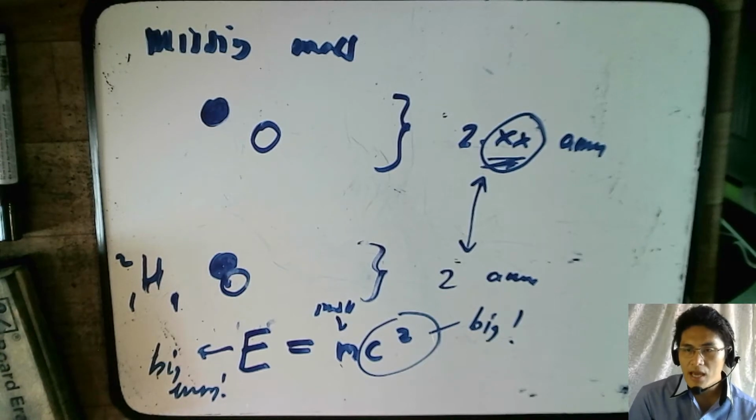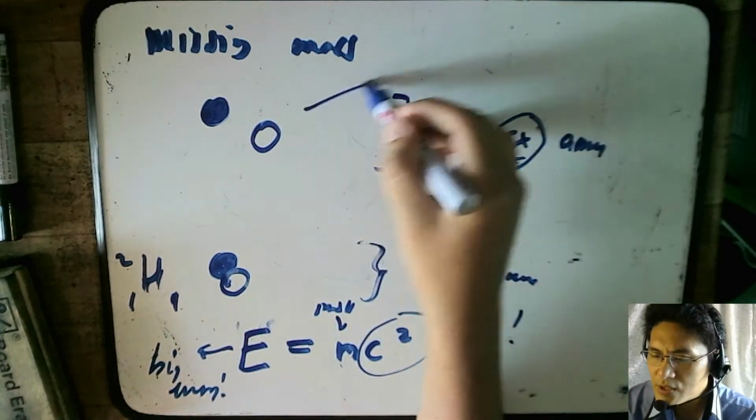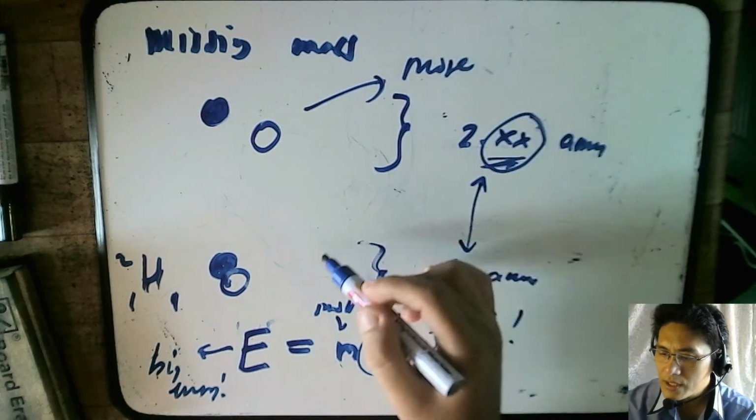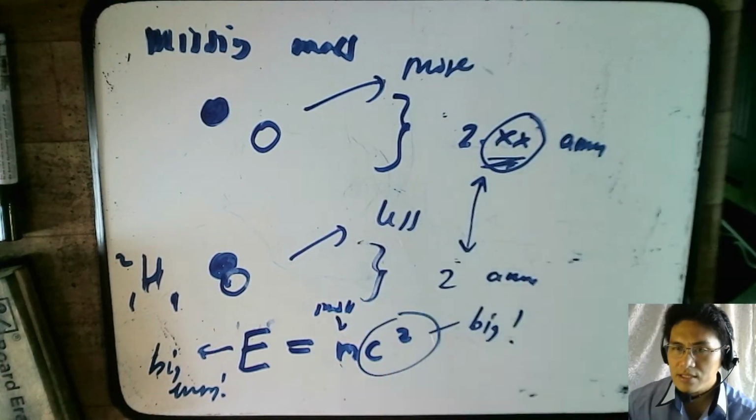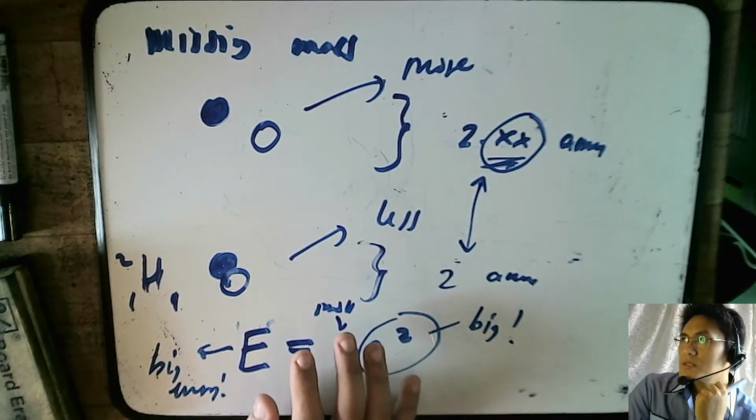Then they realized that maybe something is missing here, because if you think about it, this configuration has more mass and this configuration has less mass.